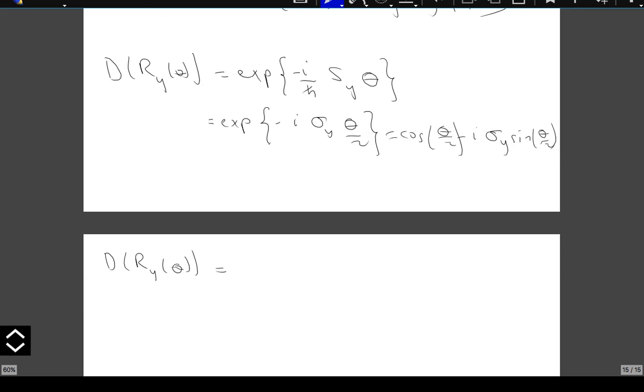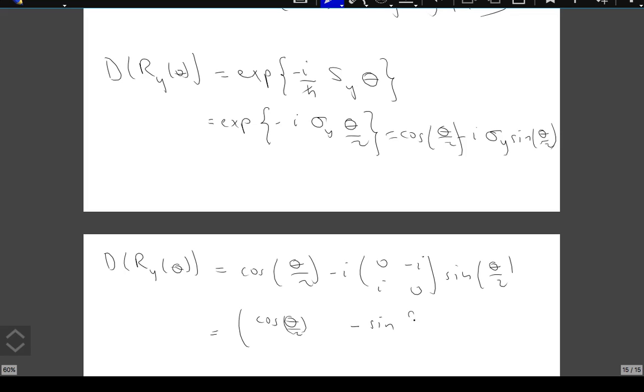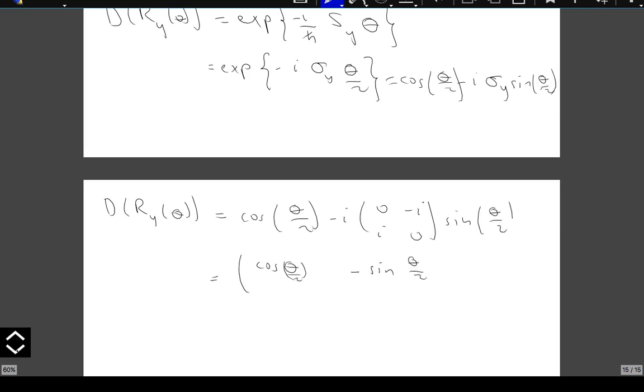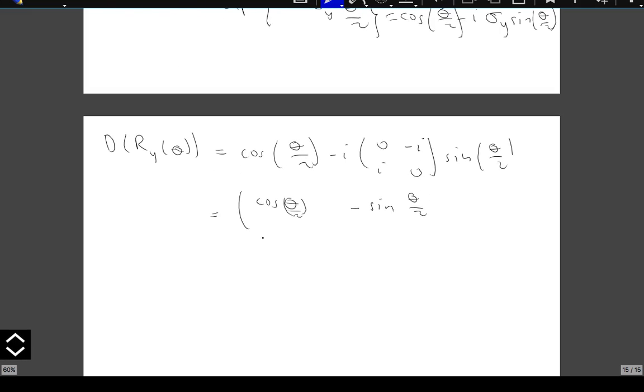This is cosine theta over 2 minus i 0 minus i 0 sine theta over 2. This is equal to the matrix cosine theta over 2, minus sine theta over 2, sine theta over 2, cosine theta over 2.